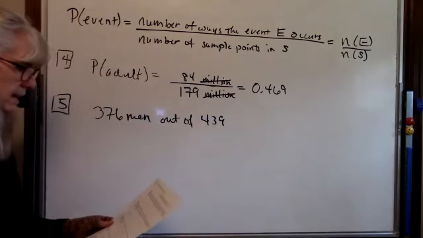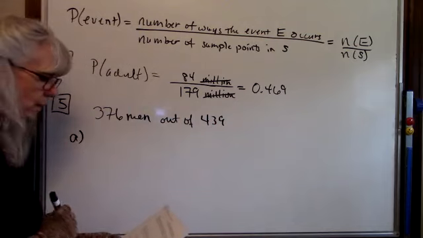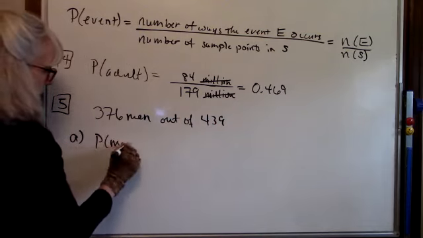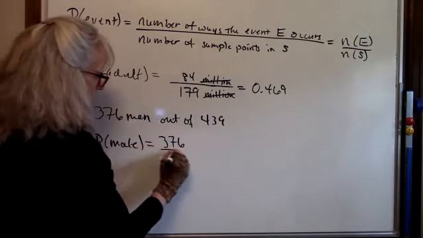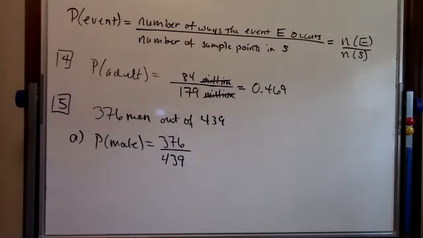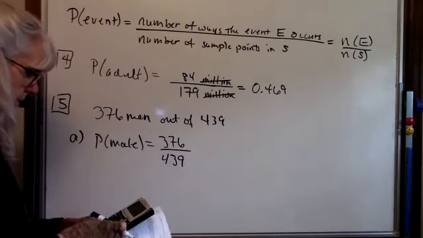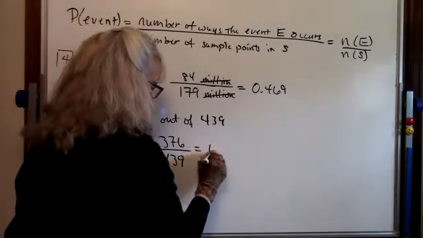And that was between 1985 and 1992. So part A wants to know, what is the probability that a person killed by lightning is a male? So the probability that that person is a male is simply going to be that 376 over 439. 376 divided by 439 comes out to be 0.856.